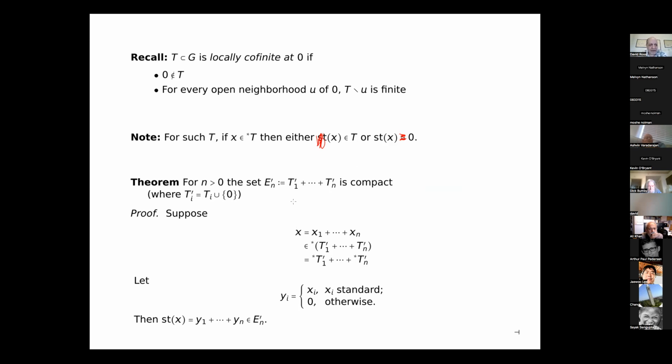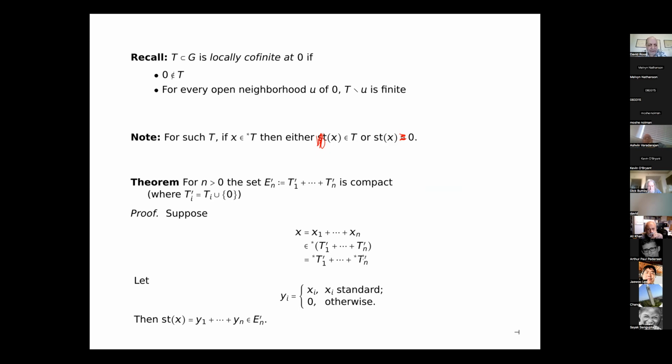You take any element of T1 prime plus on up to Tn prime. That's an element of the star of T1 prime plus ... plus Tn prime. But the star of the sum of sets is the sum of the stars of the sets. That's from transfer. And any element in star T1 prime is either itself or 0 from this note.